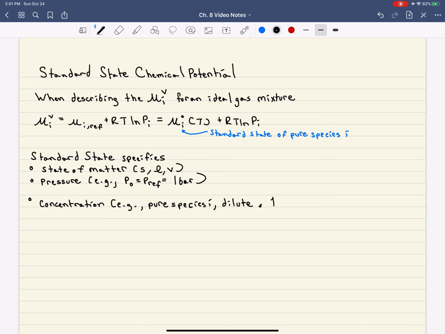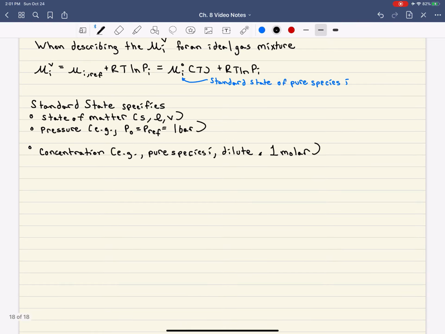Or sometimes, in some instances, they may use a more concentrated standard state. The thing that the standard state typically does not specify is temperature.